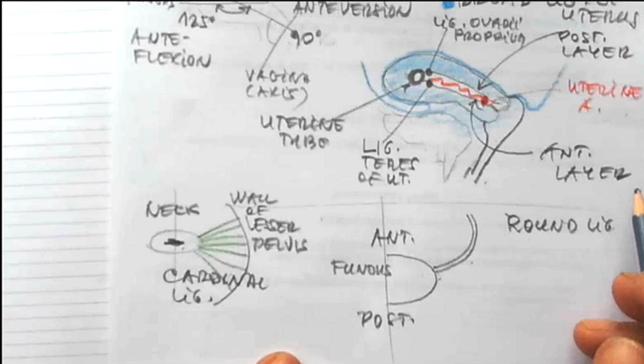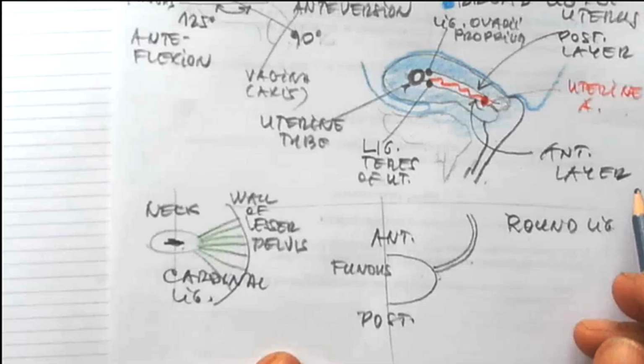So note please that there are three structures situated on the lateral side, at the level of the horns: the anteriorly passing round ligament, laterally the tuba uterina, and the posterior suspensory ligament of the ovary.